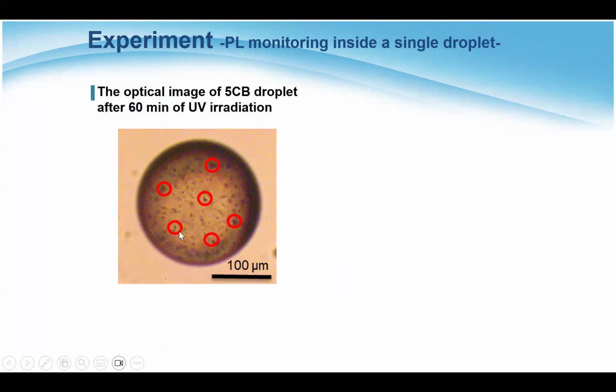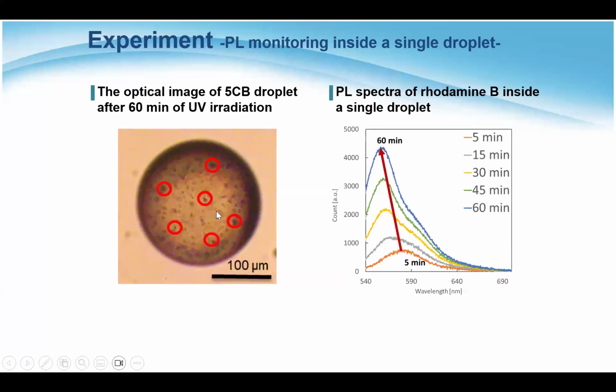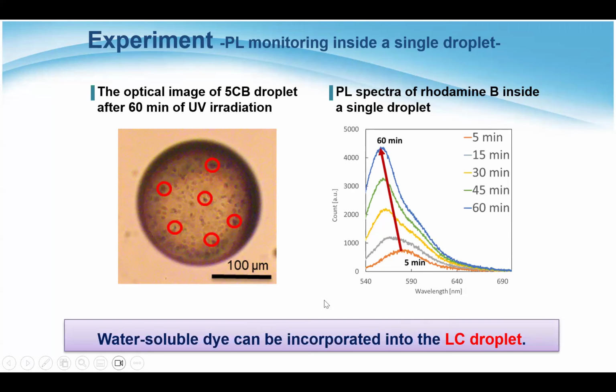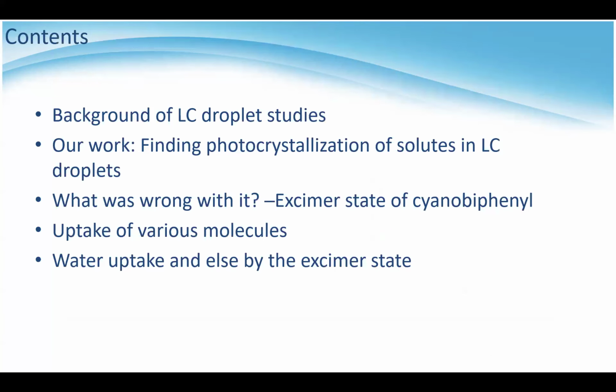We can recognize various objects inside the droplet. And when we observe inside the liquid crystal droplet, this fluorescence peak gradually increased. So interestingly, even a water-soluble dye can be incorporated into the LC droplet by using this method.